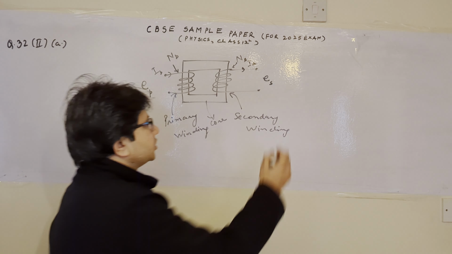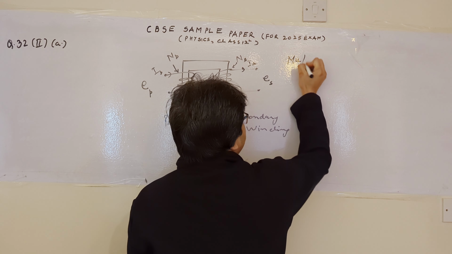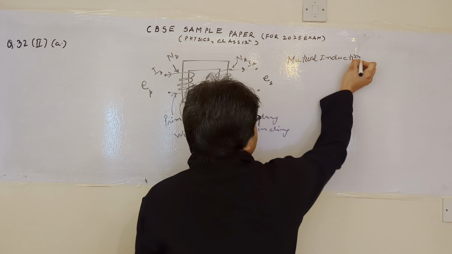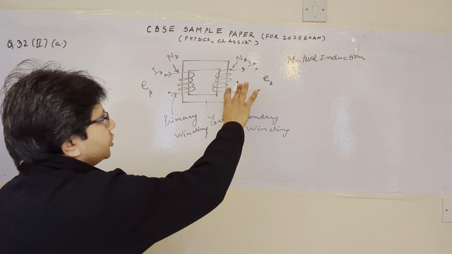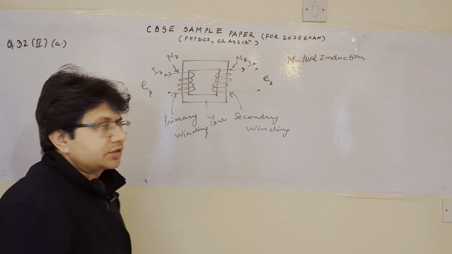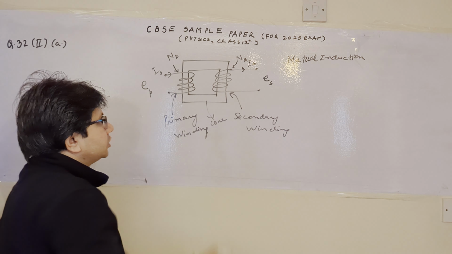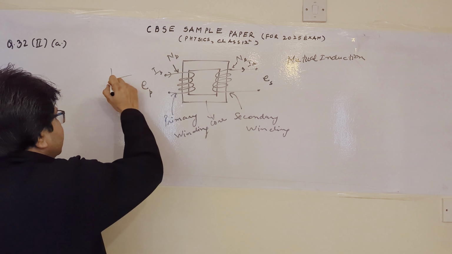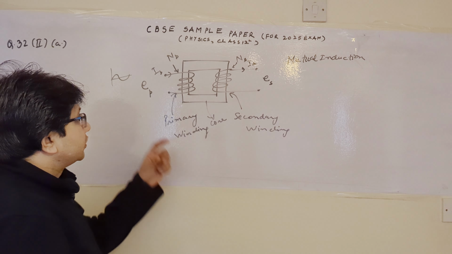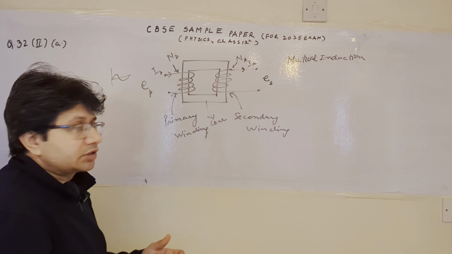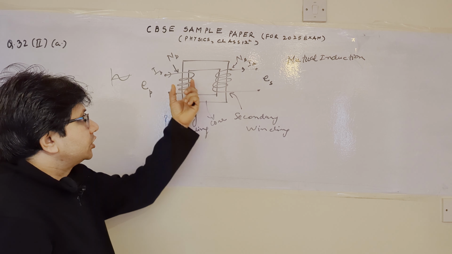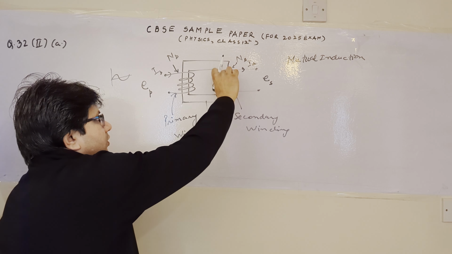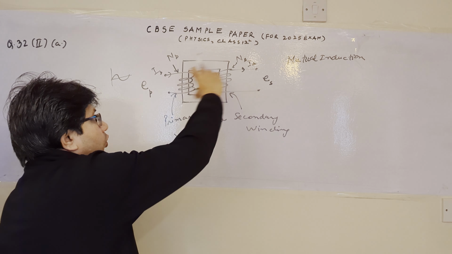It works on the principle of mutual induction. By mutual induction, there is a generation of the EMF in the secondary side. First of all, when there is a change in the EMF of the primary side, because it is used for the AC signal, which is a kind of a variable signal, there is a change in the magnetic flux, and this particular change in flux is linked with the winding of the secondary side through this core.